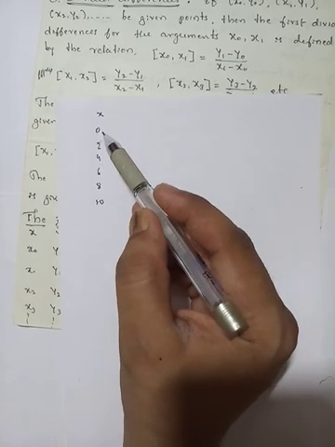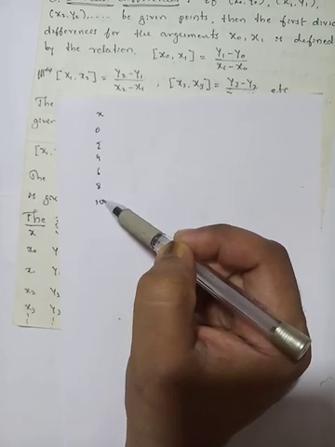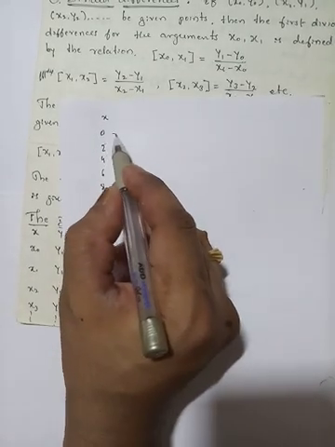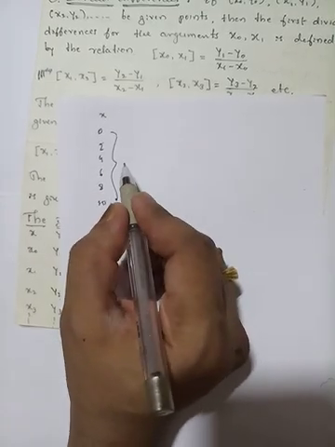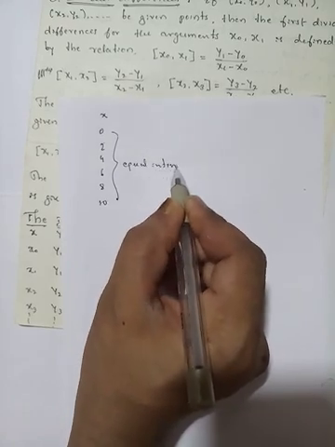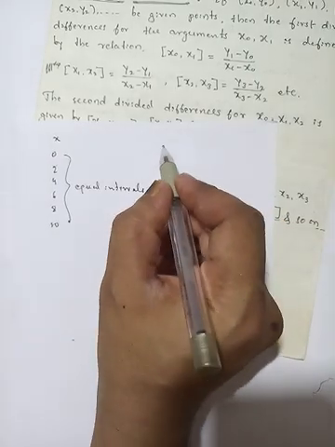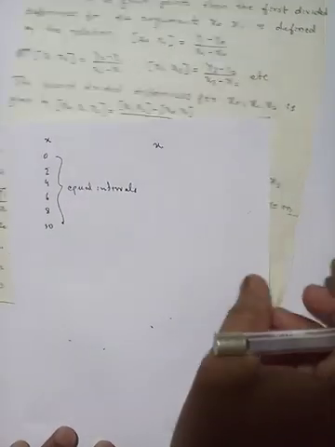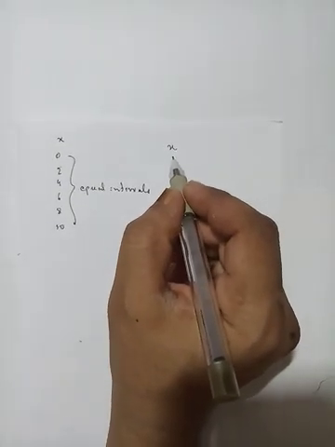Likewise, the difference between each pair of values of x is the same. So this kind of values of x, from 0 to 10, is called equal intervals.